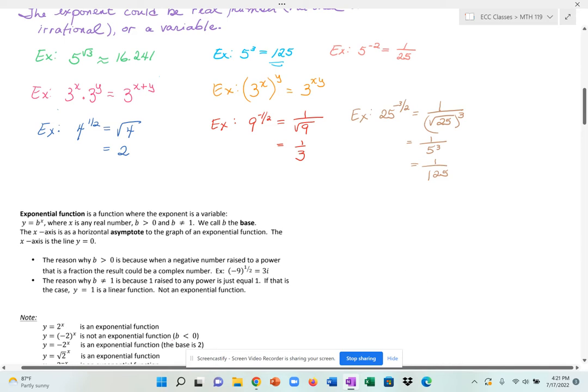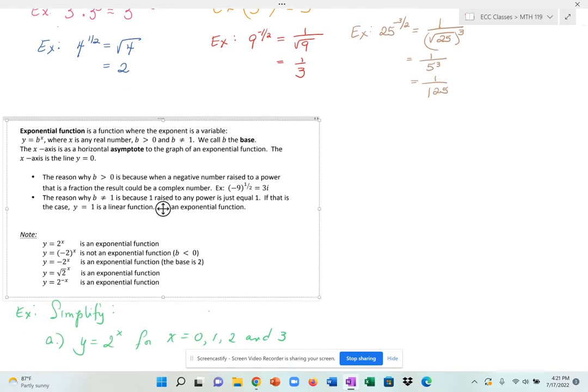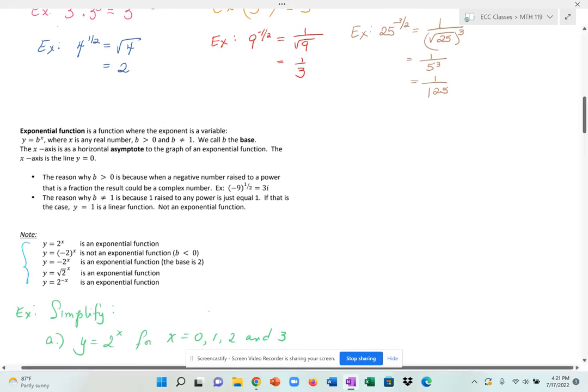Okay, so the following are examples. Some are exponential, some are not. So y equal to 2 to the x, that would be exponential. My base is 2. Y equal to negative 2 to the x, that is not exponential. My base is negative. It is not greater than 0.